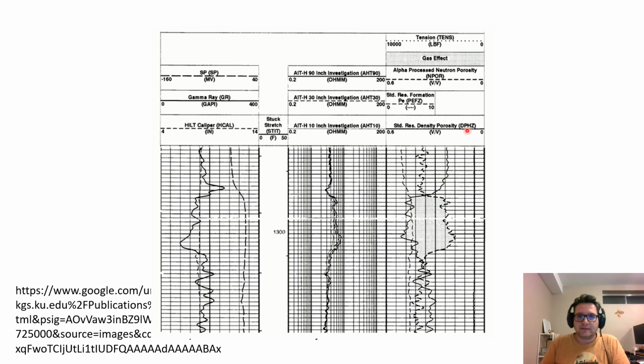But since this is in porosity, the porosity for the density will go very high, and the porosity for the neutron will go very low. So that's how we know we are in a gas reservoir: there is a big separation between those curves, and that's the gas effect.